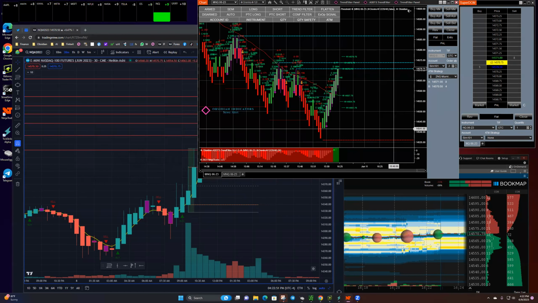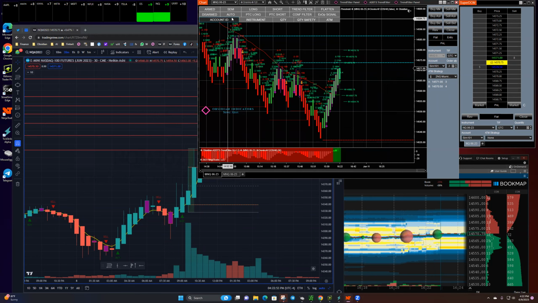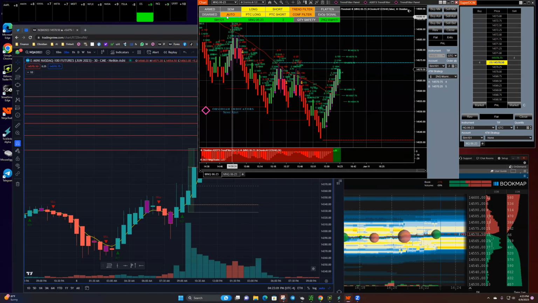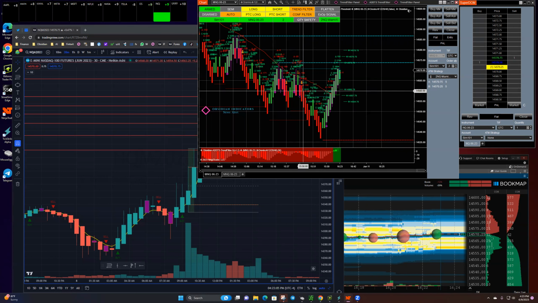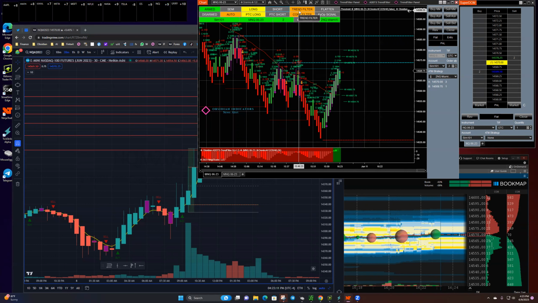Typically, what you will see is an unconfirmed bullish signal, and the buttons would be set up along those lines. This morning, we were bullish, and the moment it was bullish, I didn't want to take any shorts because I don't want to trade against the trend.